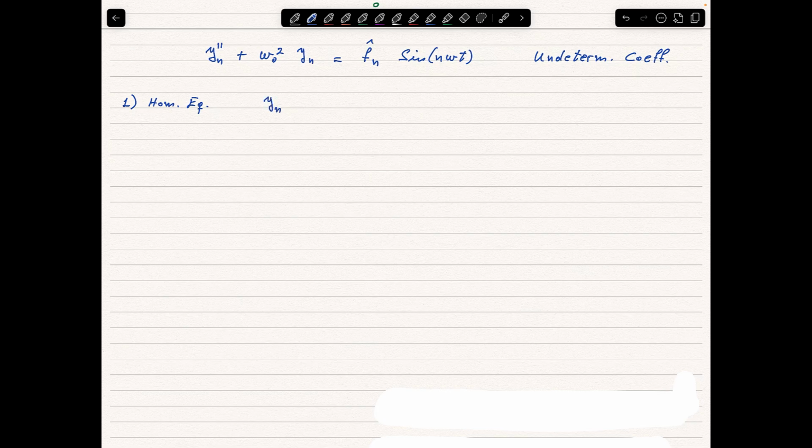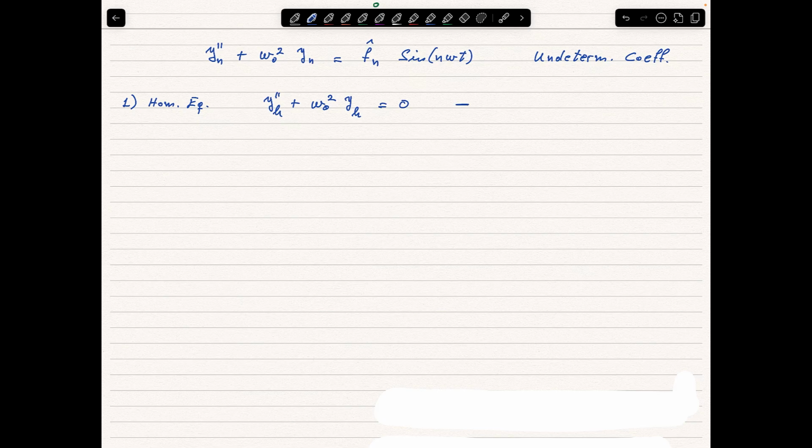Well, yn double prime plus omega 0 square yn equals 0. I'm going to call this y homogeneous because it's the solution of the homogeneous problem. And notice there is no n anymore, so for all the n's it is the same. We don't need the index n anymore, we only need the index homogeneous.